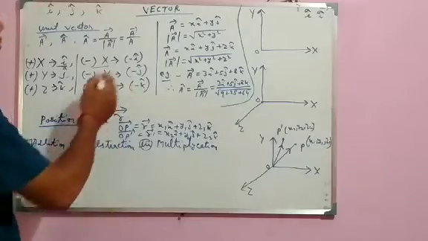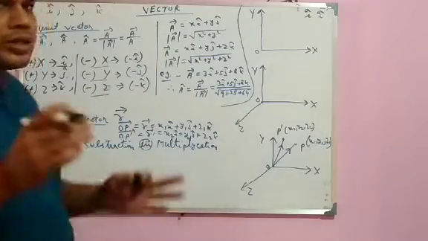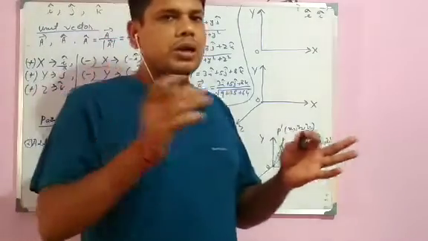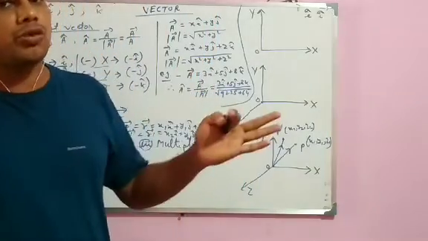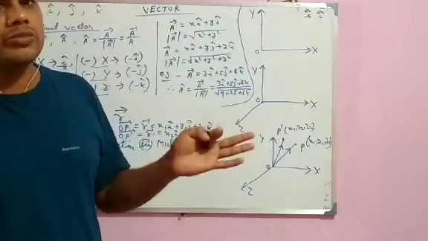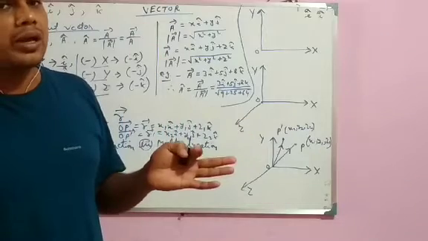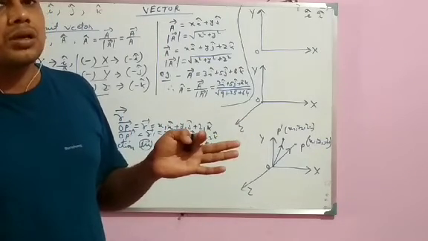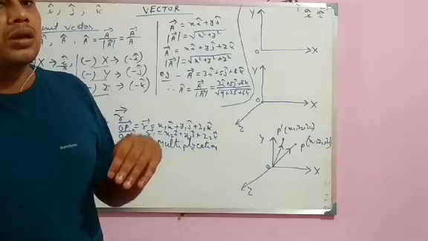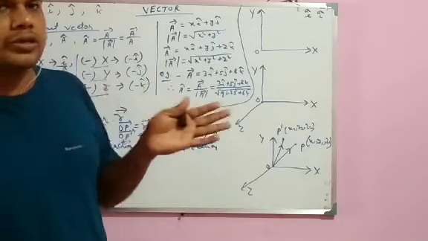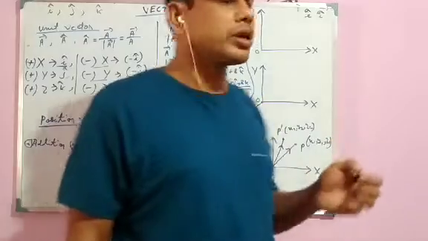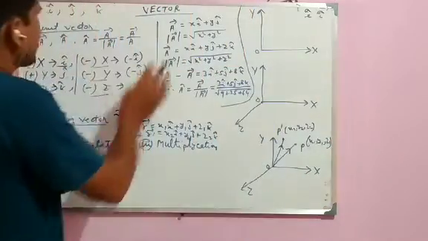In this way we can denote the unit vector along positive x-axis, y-axis and z-axis, and also by putting the minus sign, we can denote the unit vector along negative x-axis, negative y-axis and negative z-axis.